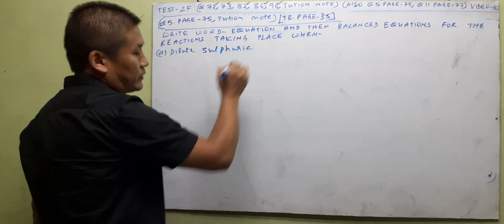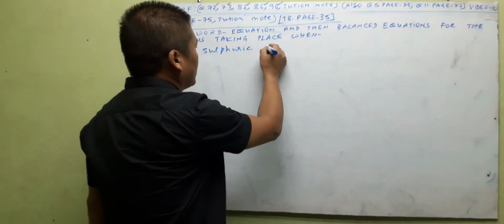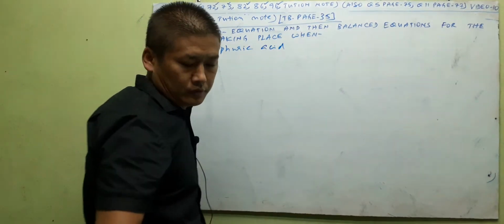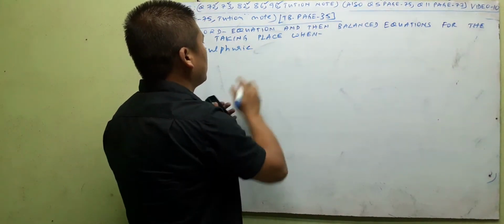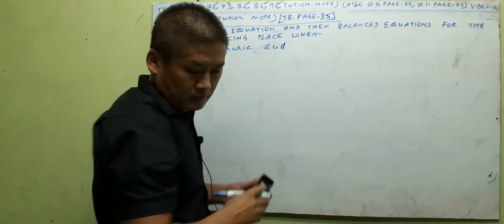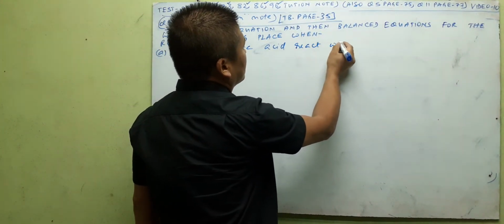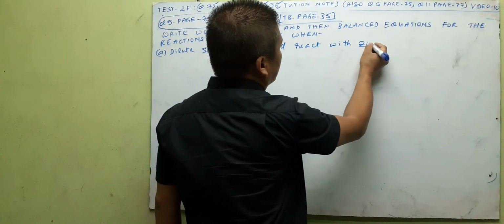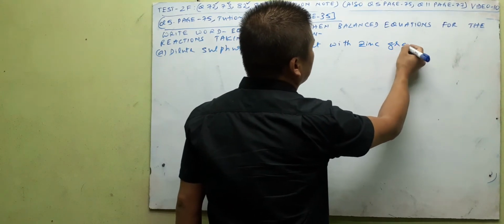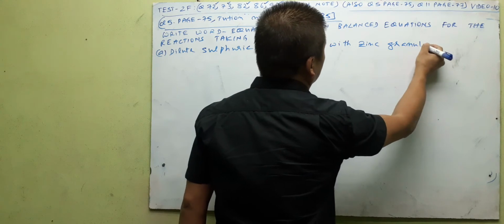Write along with me, okay? And those who have tuition note, go to your tuition note and do directly from the dilute sulfuric acid reacts with zinc granules. The word granules simply means solids, small pieces of solids.